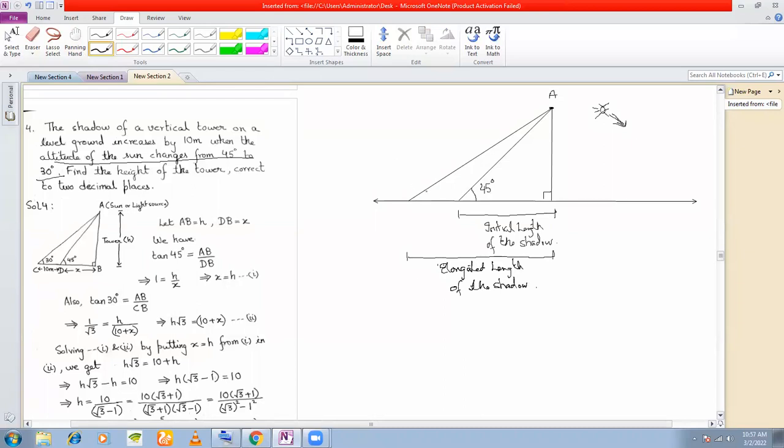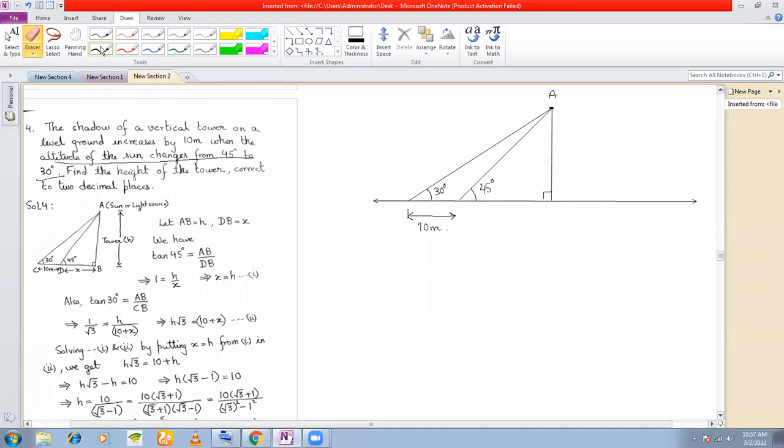And the altitude changes from 45 degrees to 30 degrees. Now if you see, the shadow elongates by what length? From this length to this length, the shadow elongates by 10 meters, as they have given you. So this is what the entire diagram is. Now this looks like your type 1 diagram, which I had discussed in the beginning, right?